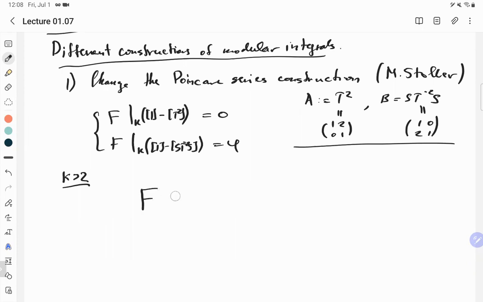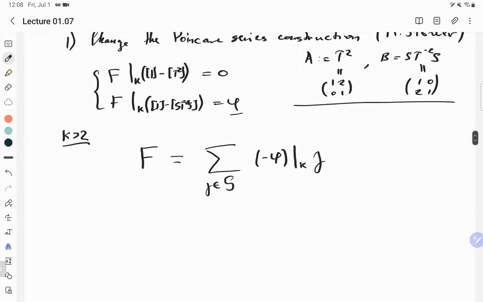There is a way to write the solution to the system directly, and it's a sum over some set of matrices, let's call it S for Stoller, of minus phi, acted on in weight k by gamma. The only thing I have to say is what the set of matrices is, and there are two descriptions.